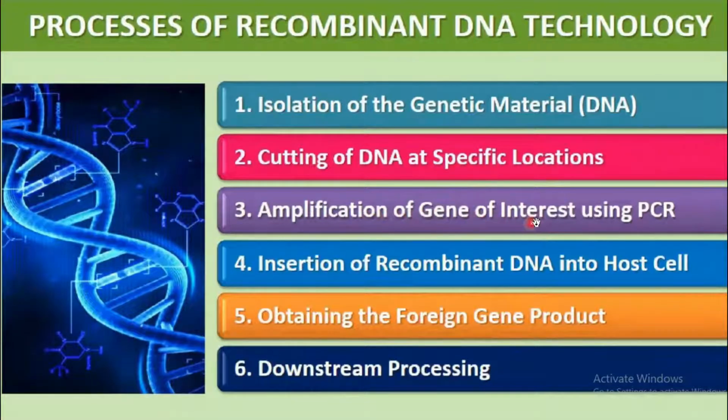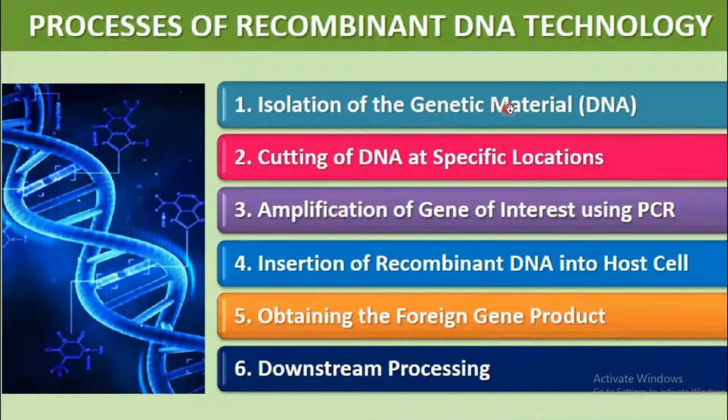Third, amplification of gene of interest using PCR. Here, PCR means polymerase chain reaction. Fourth, insertion of recombinant DNA into host cell. Fifth one is obtaining the foreign gene product, and the last one is downstream processing.